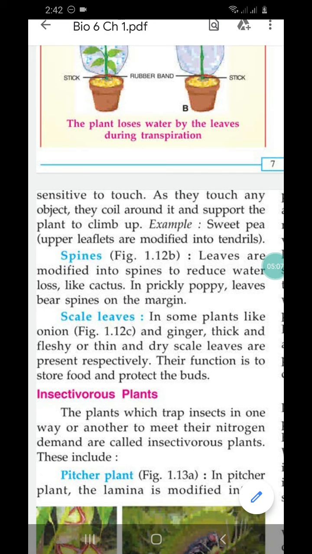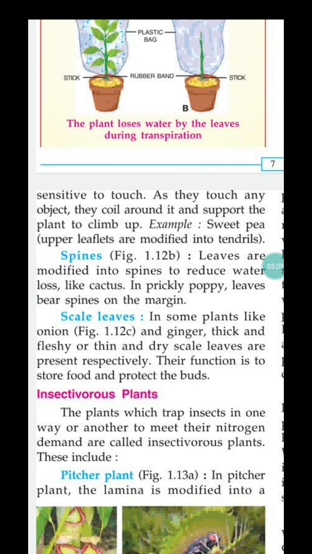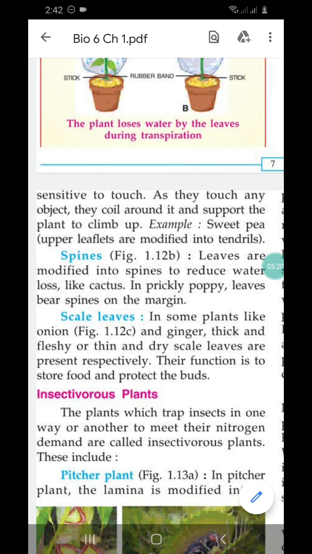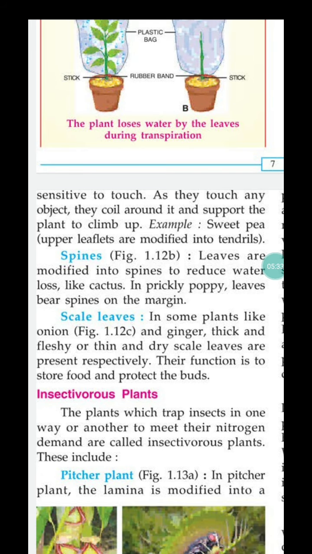In the same way, you find these spines or thorns mostly in desert plants. So what do we not get in deserts? Yes, children, water. We find water scarcity in deserts. Do plants require water? Yes, they require. What for?